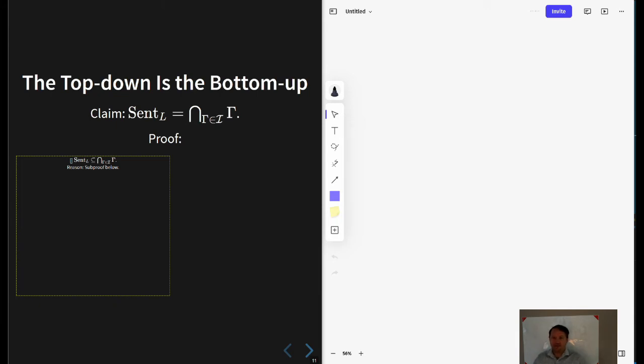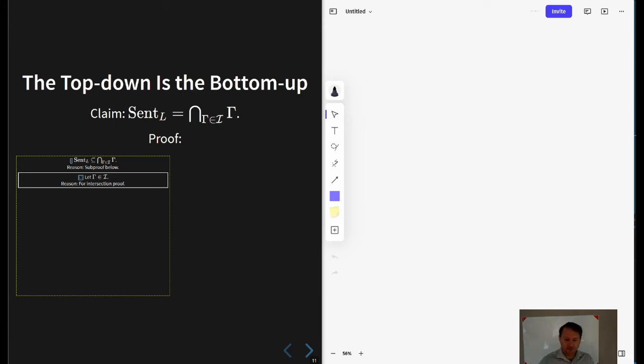That effectively is really just the definition of what it is to be in an intersection. So that's the first move that we're going to make. We're going to pick any particular gamma in I, and we're then going to try to argue that cent L is a subset of gamma. If we could do that, then that is sufficient proof.